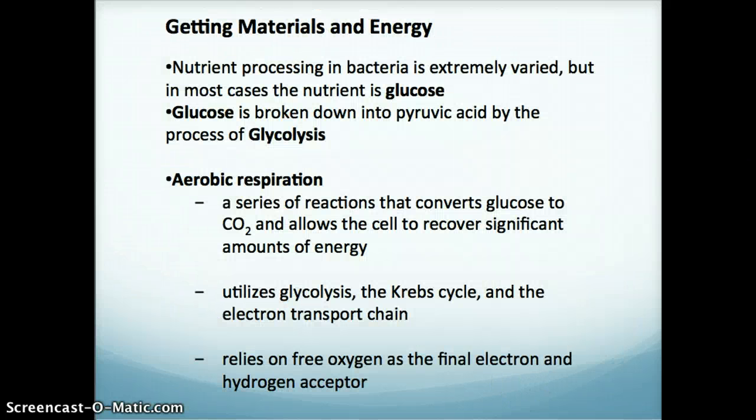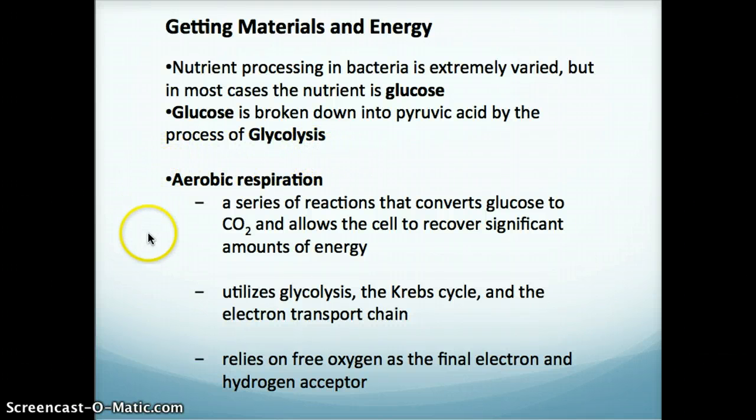As we go forward, where does the cell get the materials and energy from? In bacteria, it can be very, very different between different bacteria, but in most cases, the nutrient is going to be glucose. And glucose is broken down, as I said, into pyruvic acid by the process of glycolysis.